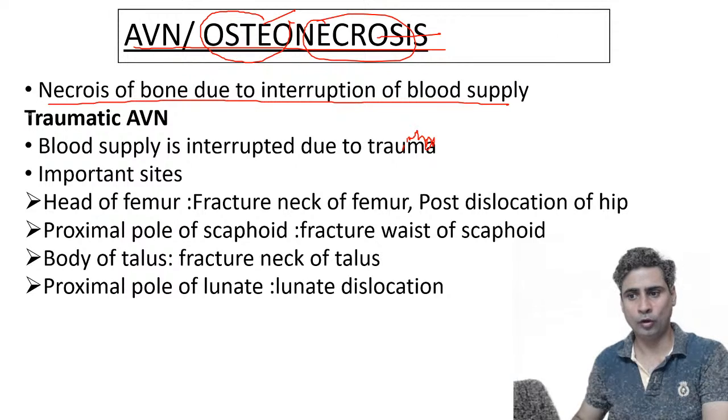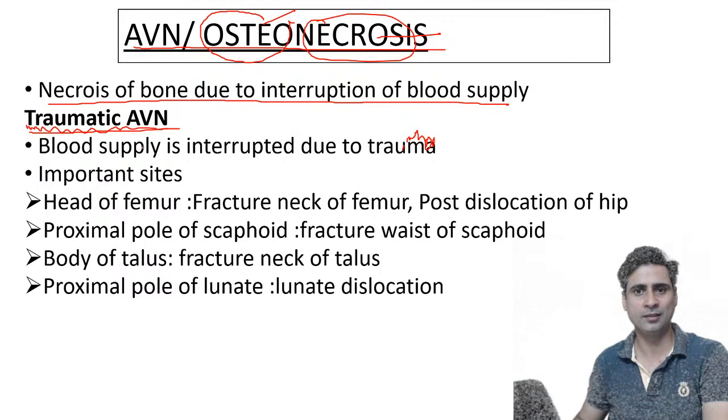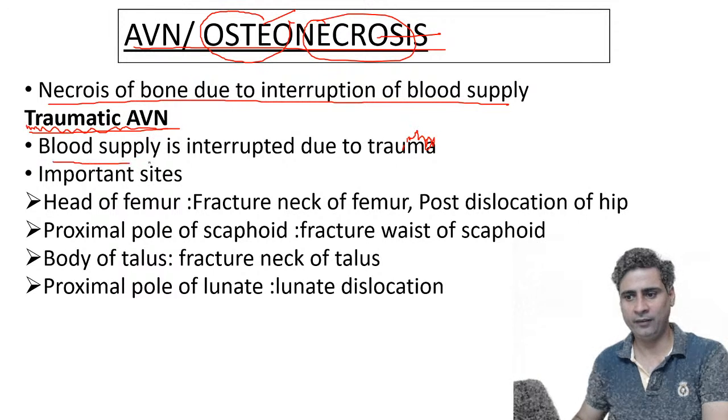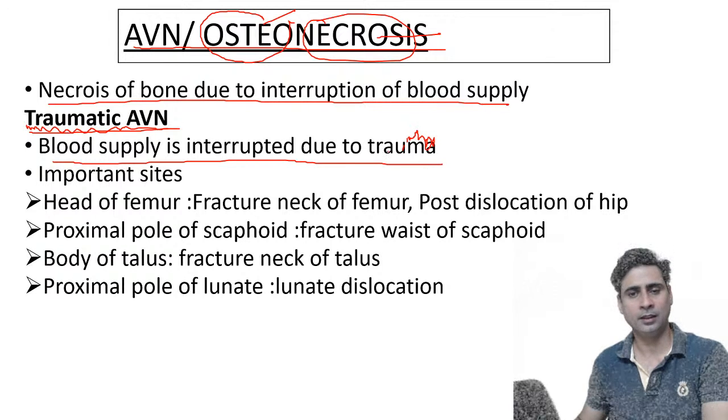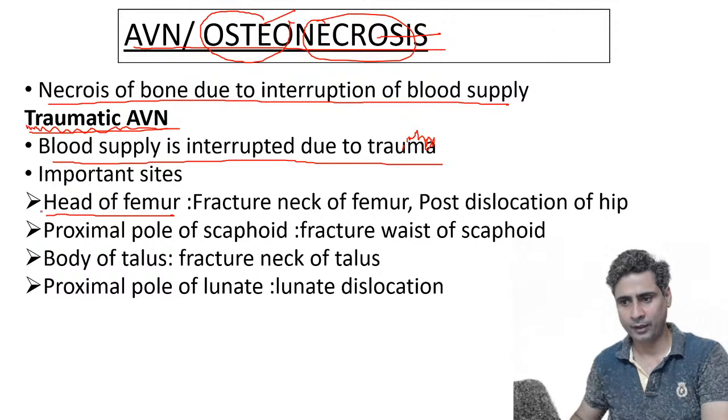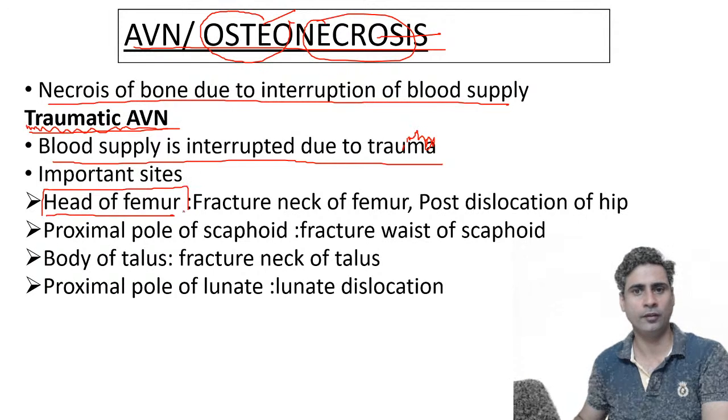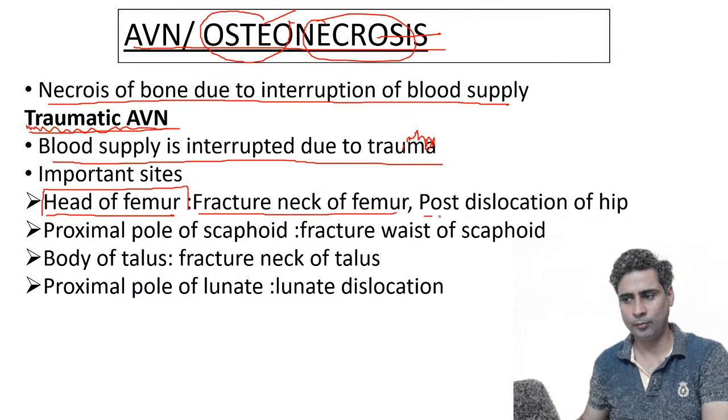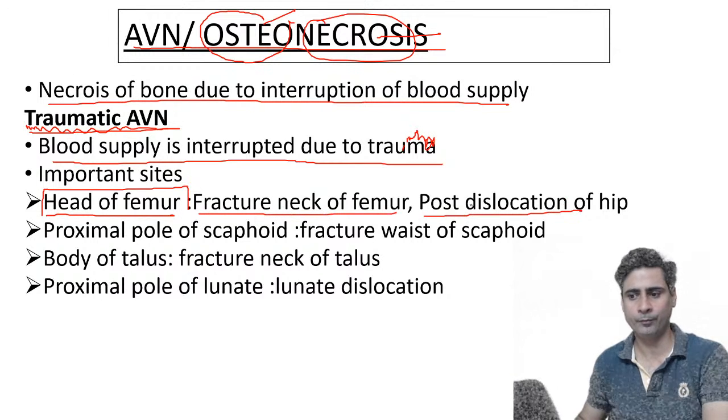It is overall most commonly due to trauma, known as traumatic avascular necrosis. And important sites for traumatic avascular necrosis, where the blood supply is interrupted due to trauma, are the head of the femur, where avascular necrosis can occur by fracture neck of femur or posterior dislocation of hip.